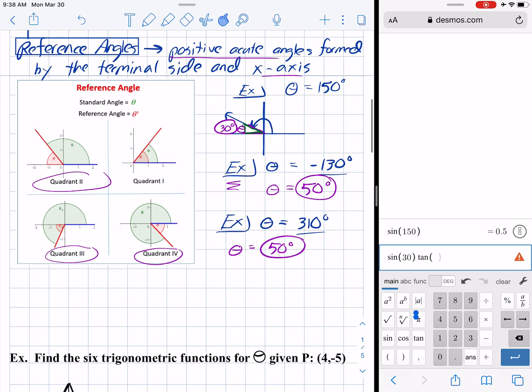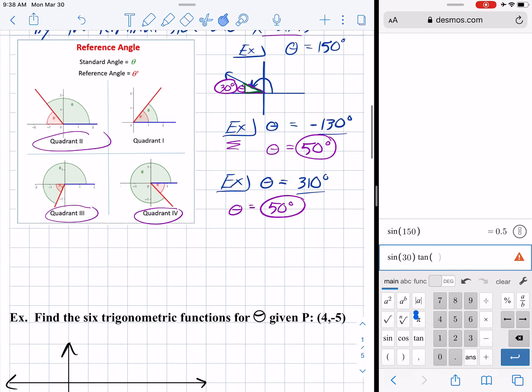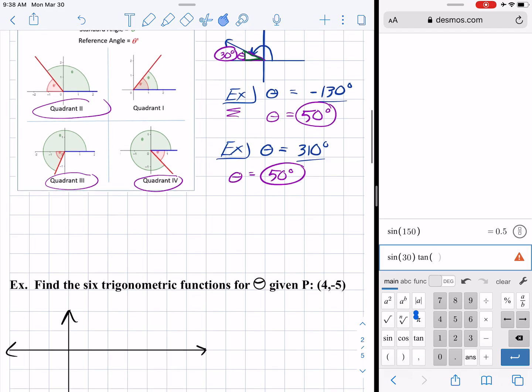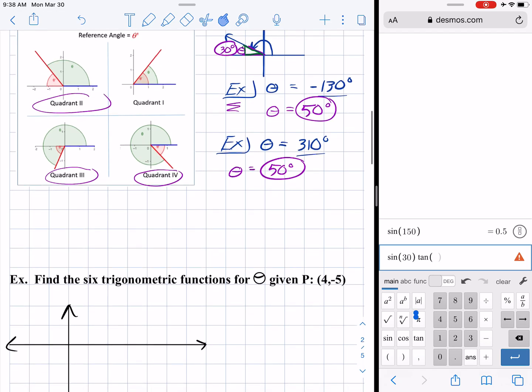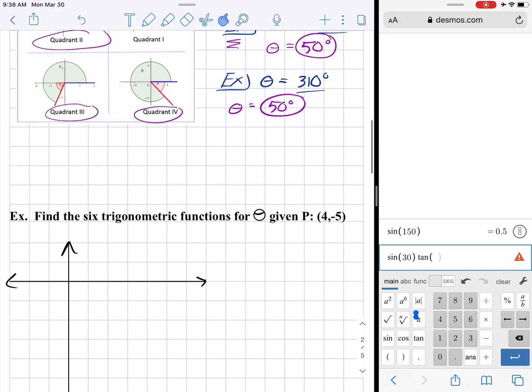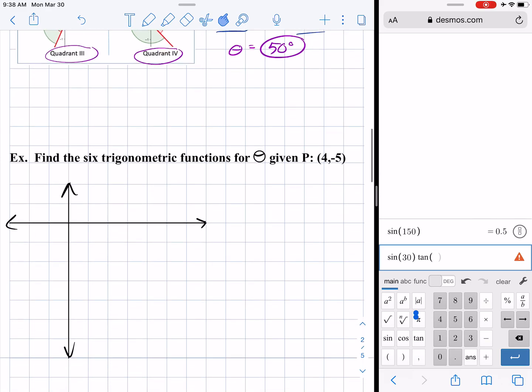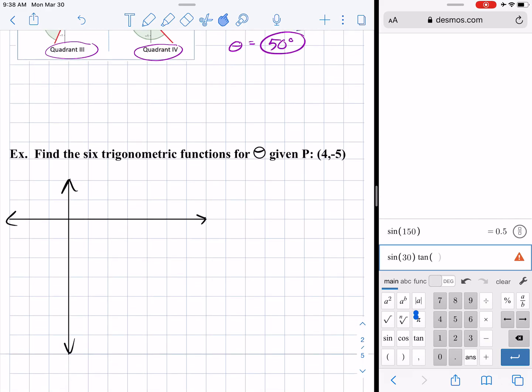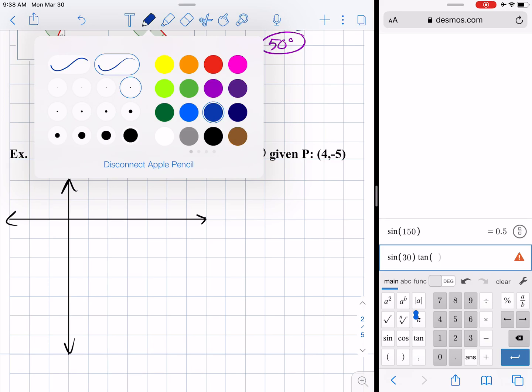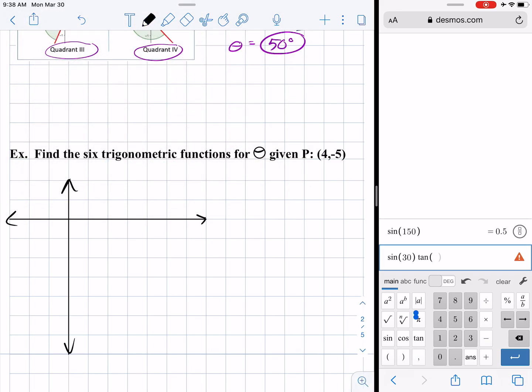Okay, and what I'd like to finish with is going back to what we were doing last unit, which was finding trig functions for theta now on a coordinate plane when you're given a point. Okay, so why don't you guys go ahead and sketch a graph, and then together we'll plot this point over here at 4, -5.